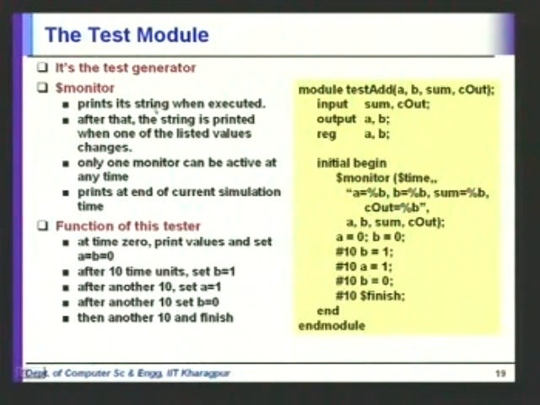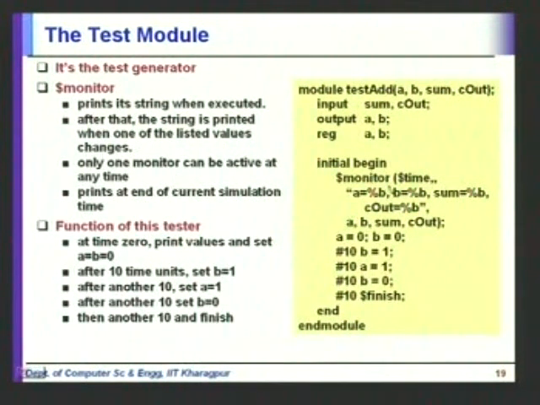So this is an elaboration of the test module. The $monitor prints its string when executed. This is the string and it's very similar to C, so you can figure out what it is going to do. It's going to print A equal to %B for boolean and then B equal to %B for boolean. After that the string is printed when one of the listed values changes.